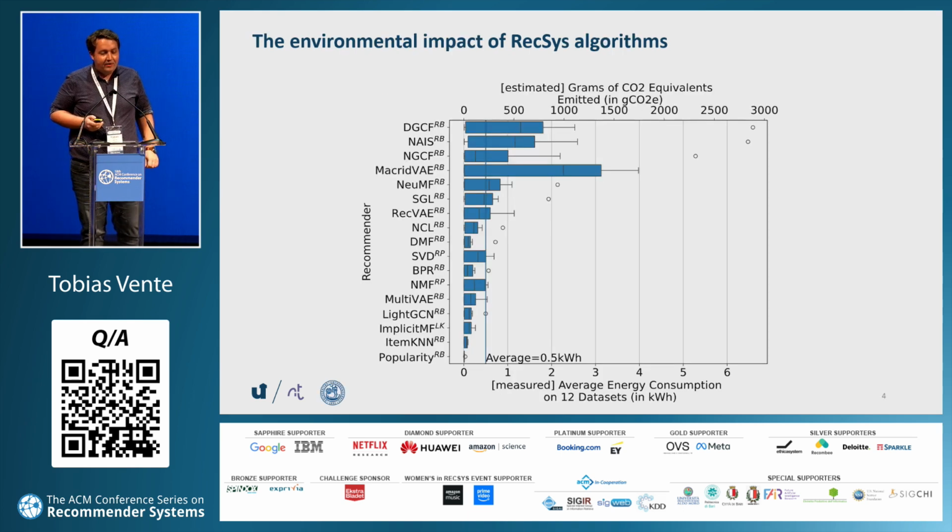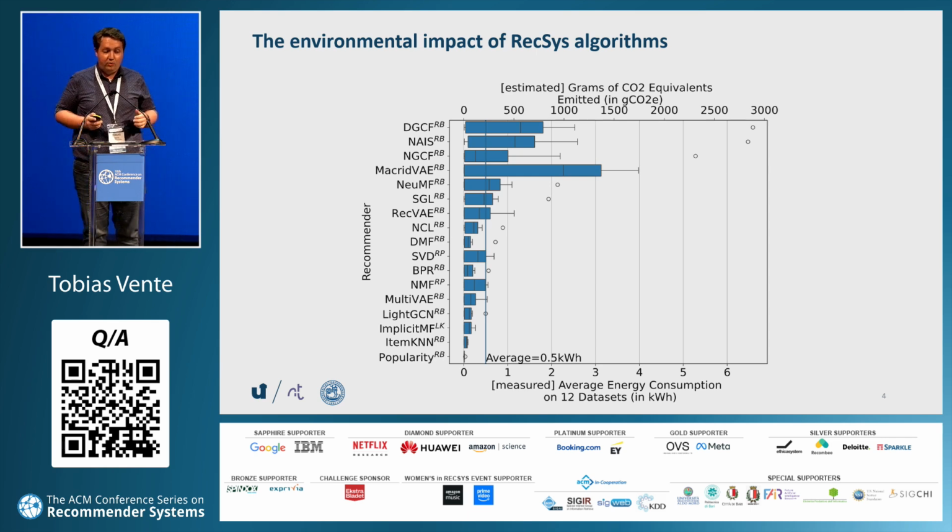This is how they're connected. When we started this whole process, the very first thing that we did was analyze all 47 full papers from last year's RecSys, and we wanted to know which are the most frequently used algorithms. On the y-axis you can see these, and on the x-axis you have the average energy consumption averaged over 12 data sets.